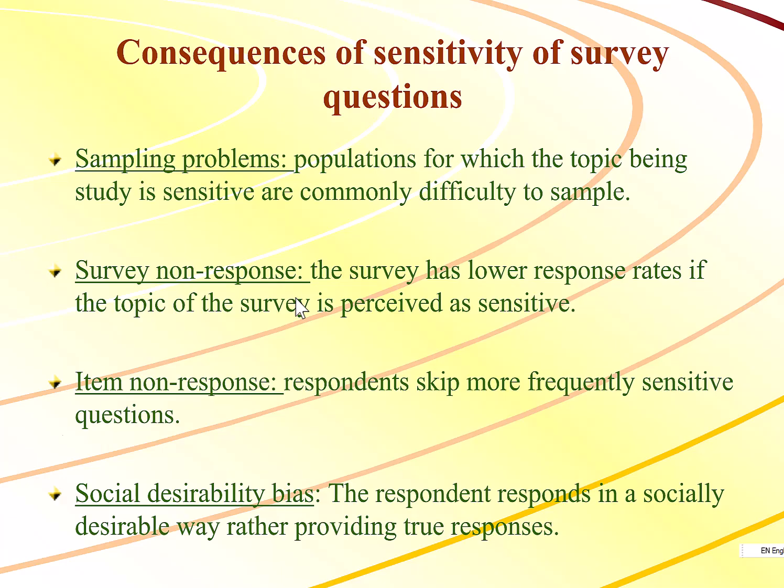For example, if you are trying to survey about drinking, maybe alcoholics will be hard to sample, and then survey non-response will result also because they may see the sensitive question and just skip it, or skip responding to the survey altogether, or you may get missing data where they partially respond to the survey, or social desirability bias when they don't give you the accurate answers, but the answers that they believe are socially desirable, right? So, do you ever engage in binge drinking? They would say, no, never, because it's not socially desirable.